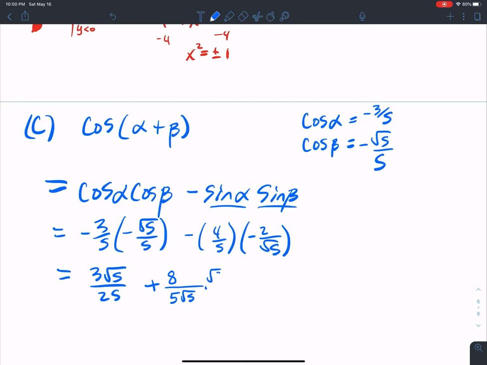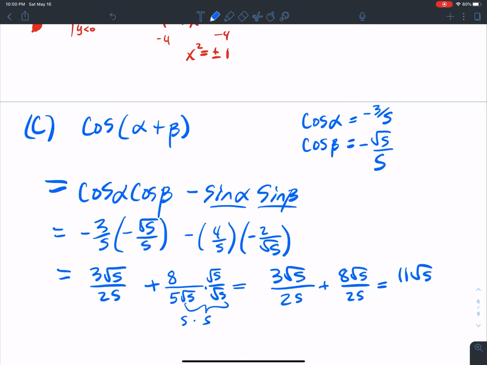But if I multiply top and bottom by square root 5, this rationalizes. So I have 3 square root 5 over 25 plus 8 square root 5 over 25. This combines to make 11 square root 5 over 25 for your answer there.